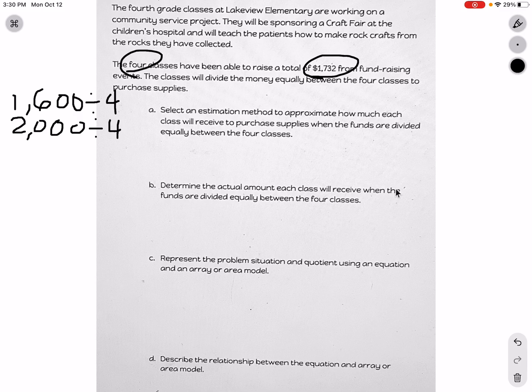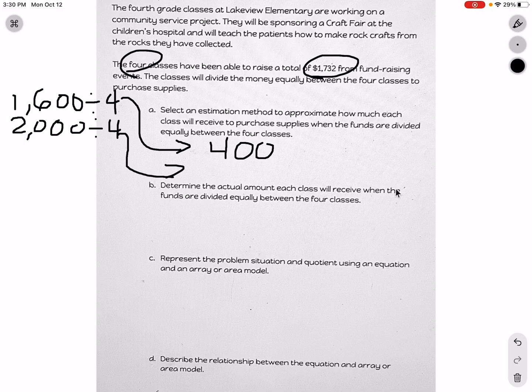I'm just going to draw a little arrow here. 4 will go into 16 4 times, or 4 times 4 equals 16. So I'm going to write a 4, and then add my zeros. So I think the lower limit to my potential answer could be 400. I'll do the same thing with the 2,000.